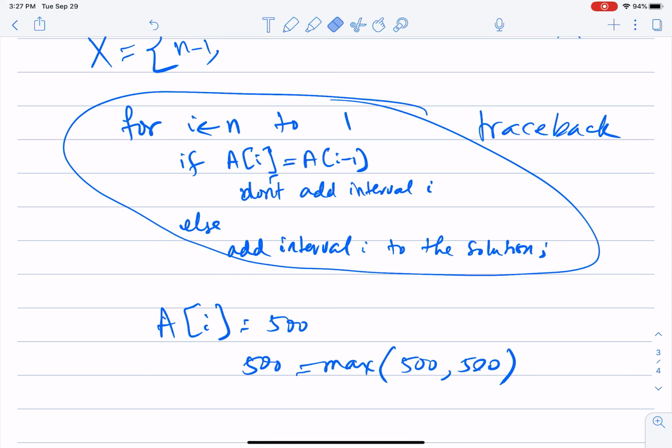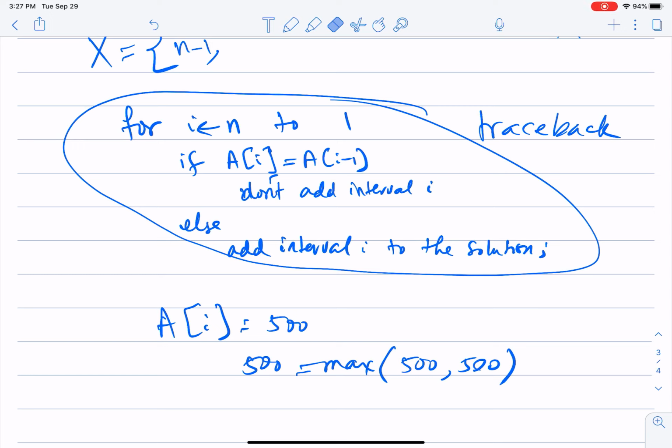Well, in that case, you just take one of them arbitrarily. This is saying that there's an optimal solution that involves i, and there's another optimal solution that doesn't involve i. You can make your choice. It will give you two different solutions, but both of them will have the same optimal value of 500.